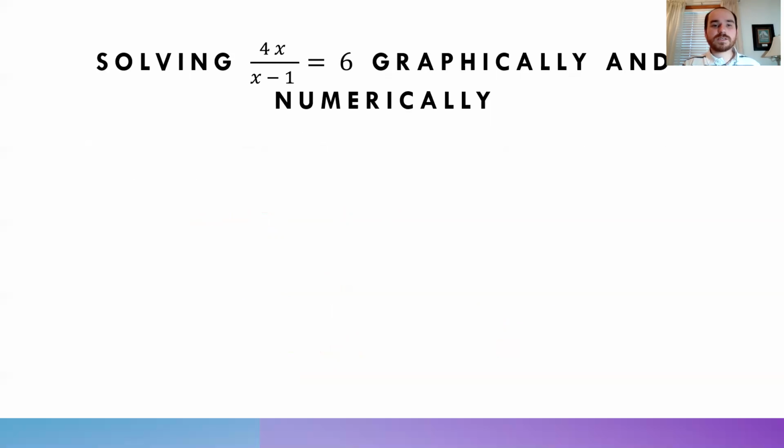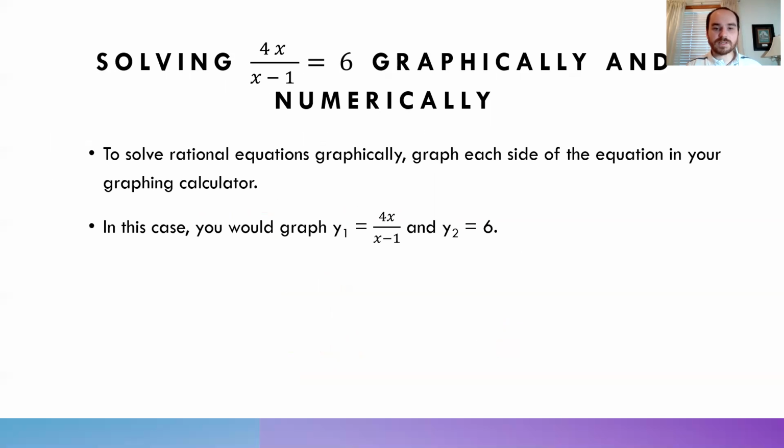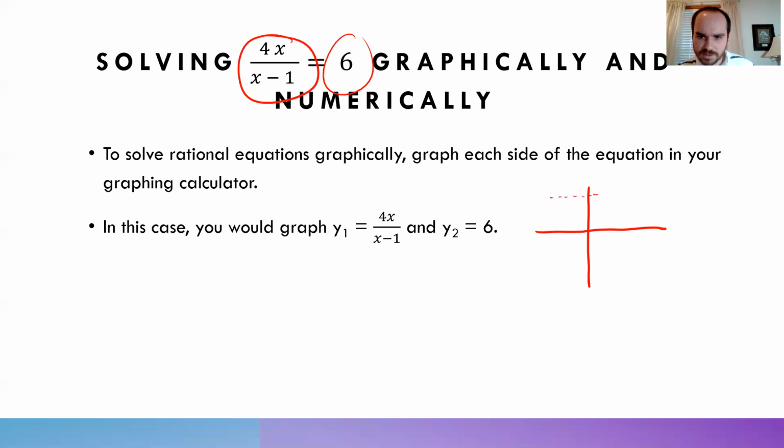Solving this rational equation graphically and numerically is actually pretty similar to stuff you've done before. You're going to graph each side of the equation in your graphing calculator. So in this case, you graph y1 equals 4x over x minus 1, and y2 equals 6. When you do this in your graphing calculator, it's going to give you something that looks, as I recall, something like this. There's the line y equals 6, and then 4x over x minus 1 looks something like that.